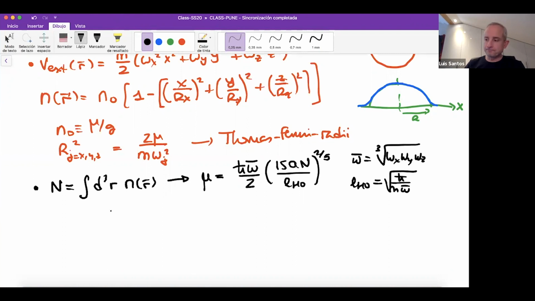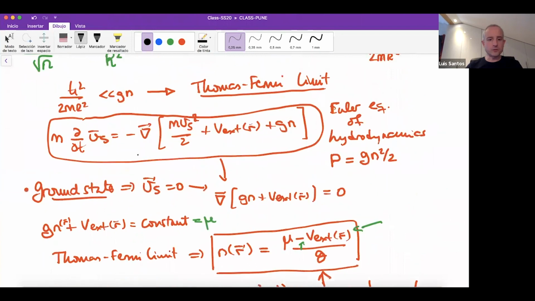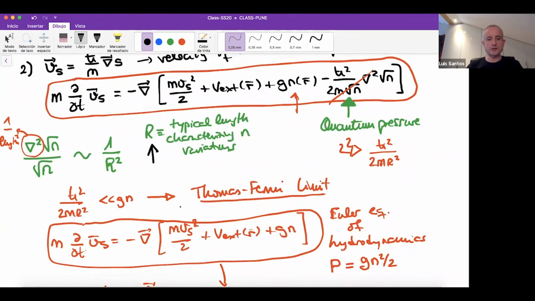Now, the Thomas Fermi radius, which I told you is defined in this way, I can find now a sort of average one with respect to this frequency omega bar squared. So this is the Thomas Fermi radius. And this actually plays now the role of the typical length at which the density varies. So it's basically this R that we introduced here in this discussion.